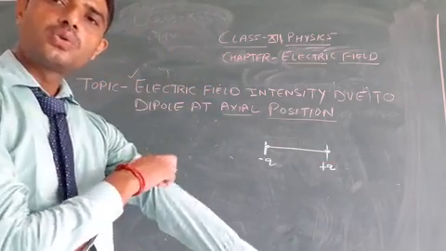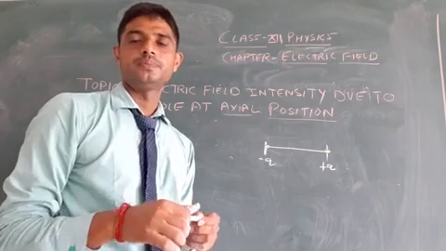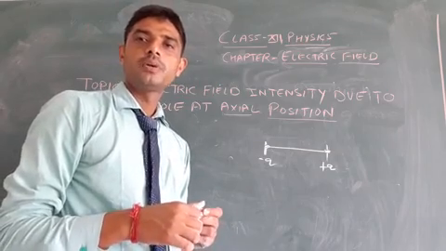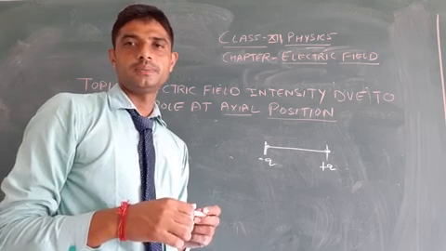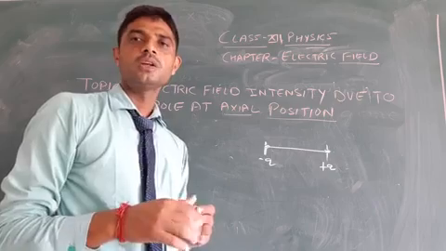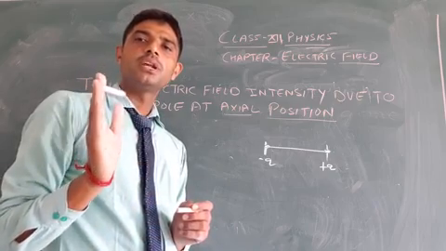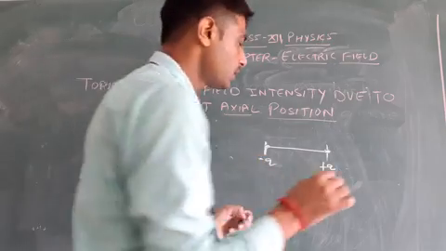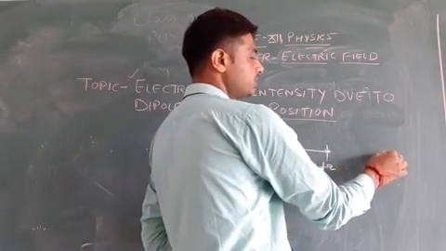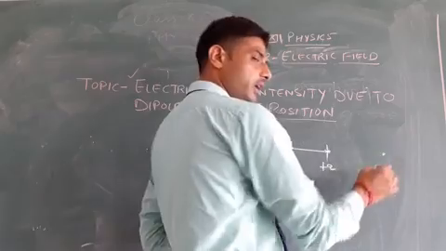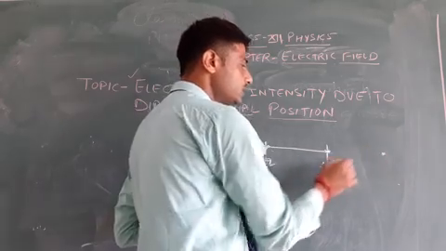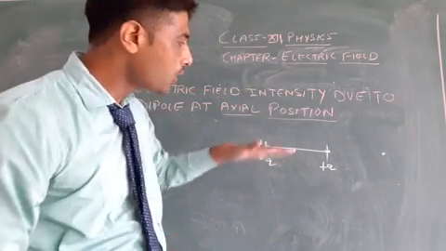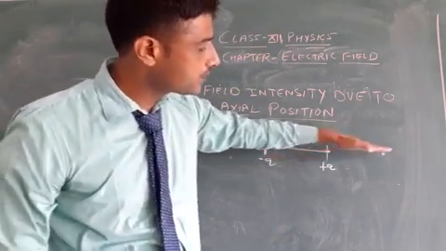There are two main positions for which we can find the value of electric field intensity. The first main position is the axial position. Axial means the point situated along the straight line.